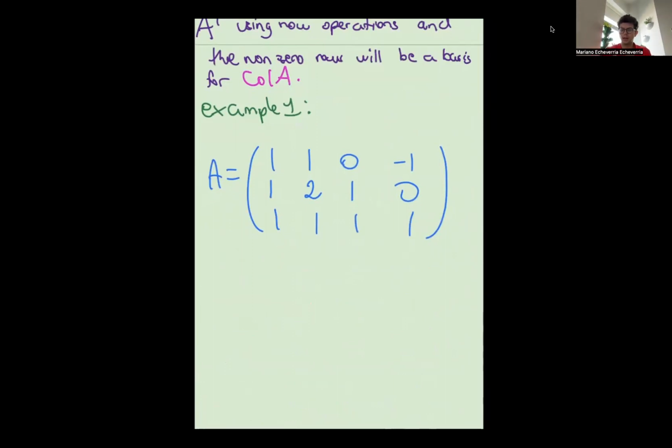So I gave you this matrix, and the problem is to find the basis for the column space.